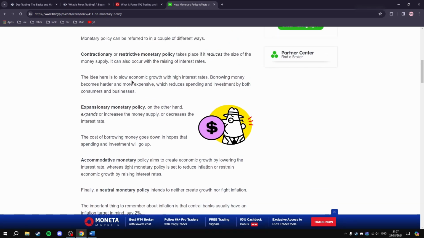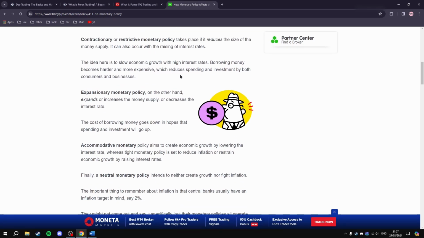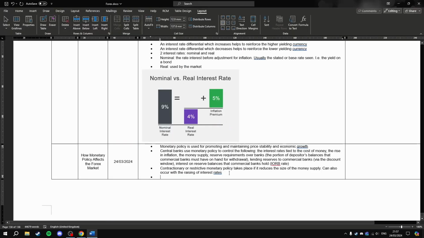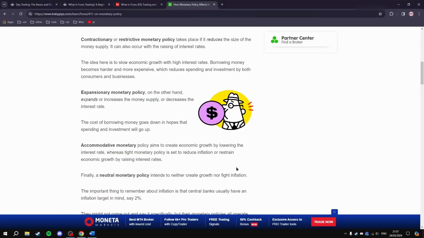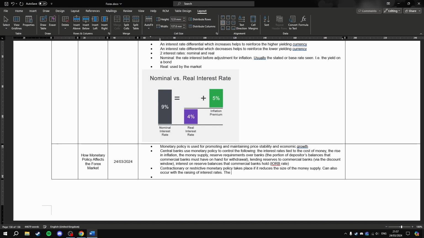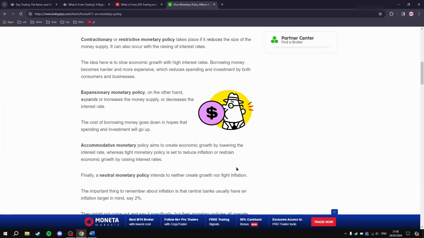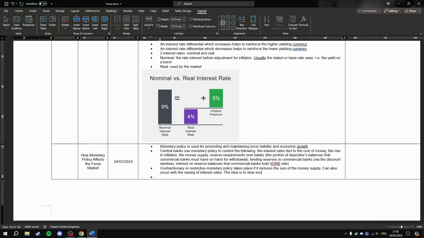It can also occur with the raising of interest rates. The idea is to slow economic growth with high interest rates.